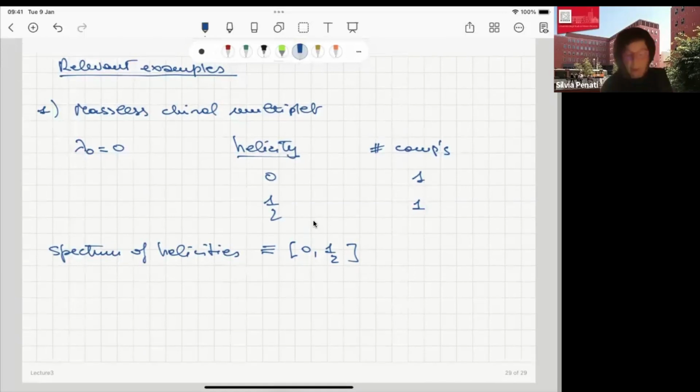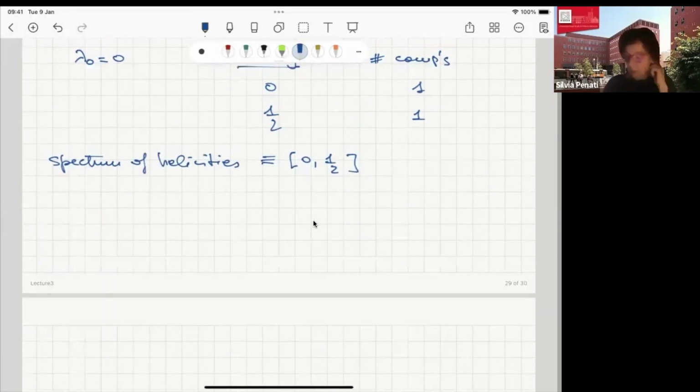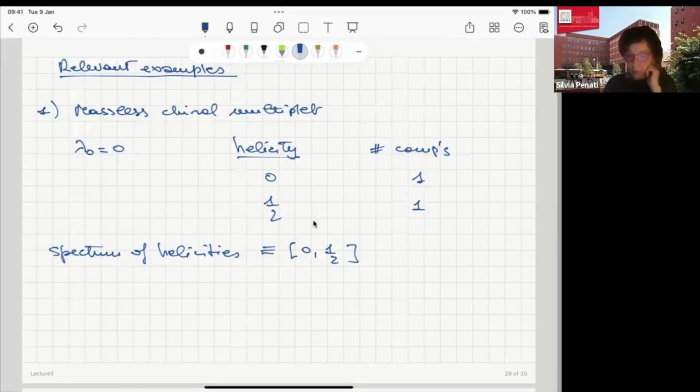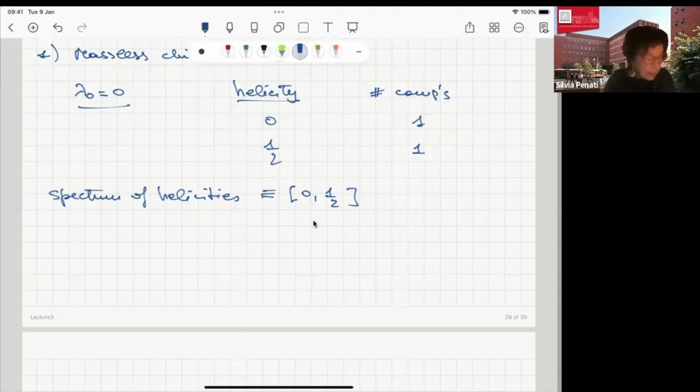I was mentioning the fact that this might not be completely satisfactory because if we construct a theory which contains only this set of 0, 1/2 helicities, the theory is not CPT invariant, because if you remember, under parity, helicity changes sign. Therefore, if I want to build up a theory which is CPT invariant, I have to complete the spectrum of helicities, adding the multiplet which contains the CPT conjugate helicities.